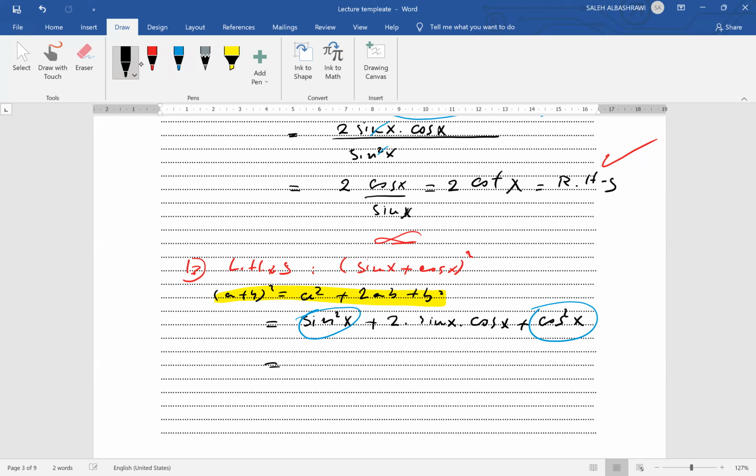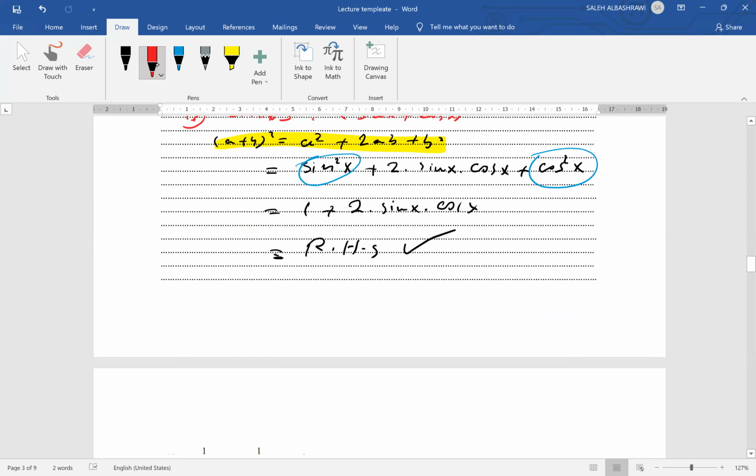So this is equal to 1 plus 2 multiplied by sine x cosine x, and this is the right-hand side. That is done. Verified. So sine x plus cosine x all to the power 2 equals 1 plus 2 sine x multiplied by cosine x.